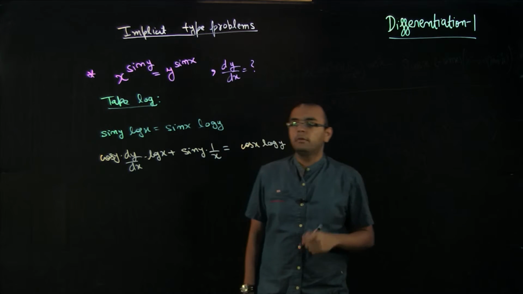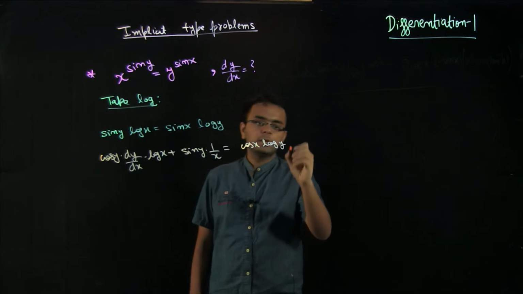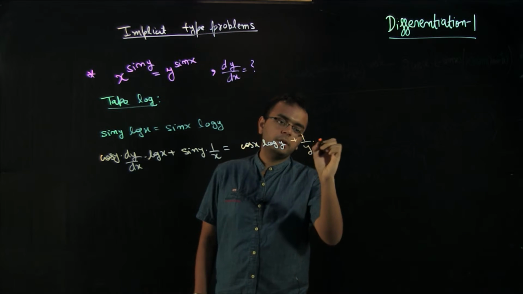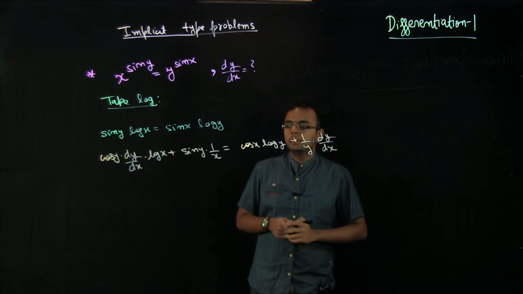plus the derivative of log y. Again we will use chain rule. Let's differentiate first with respect to y. The derivative of log y is 1 by y, and then differentiate y with respect to x, so this will become dy by dx.